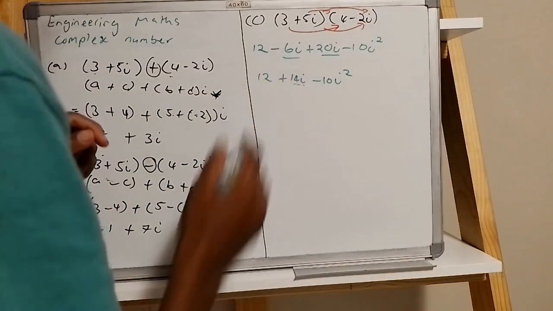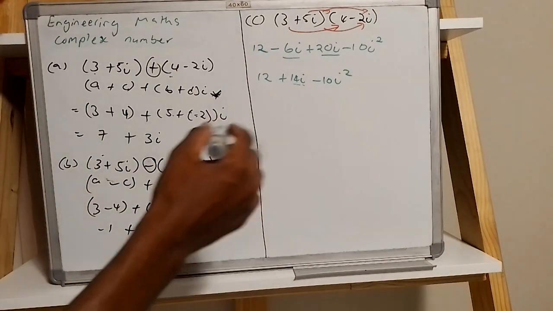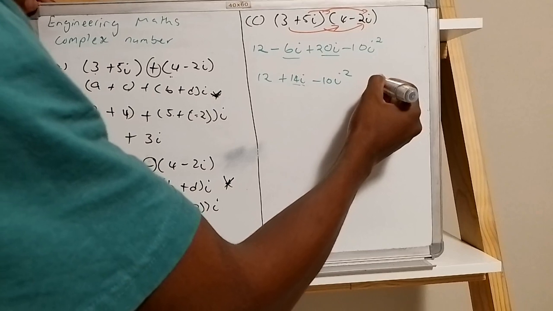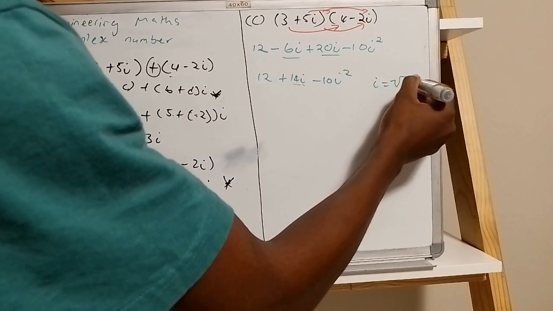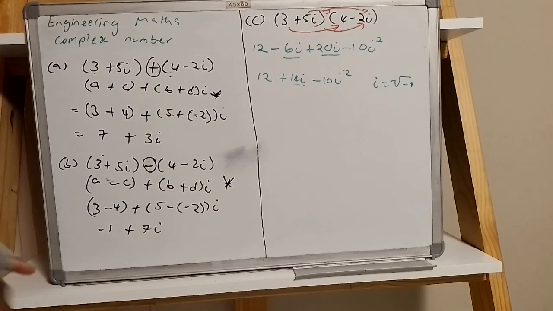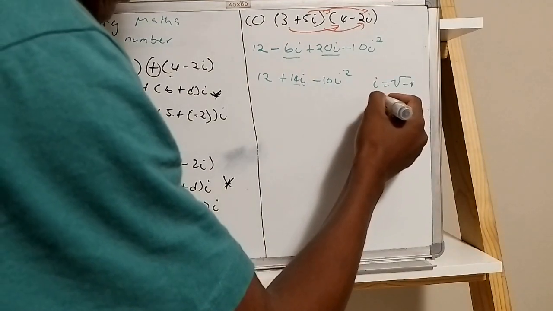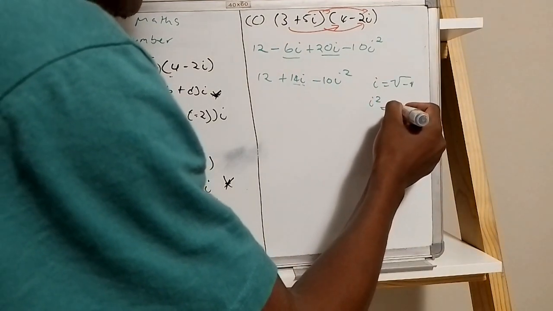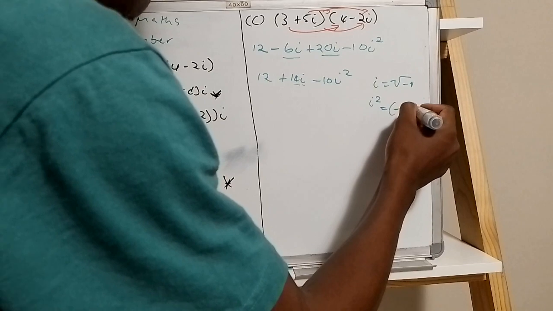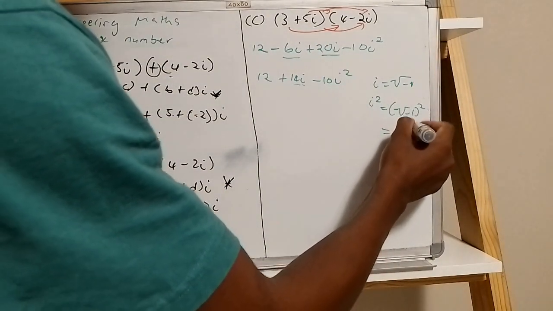This one I can't simplify further, but this one I can. How? We know that i, the imaginary unit, equals the square root of negative 1. Then if I have i squared, it is the square root of negative 1 squared, which gives me negative 1.